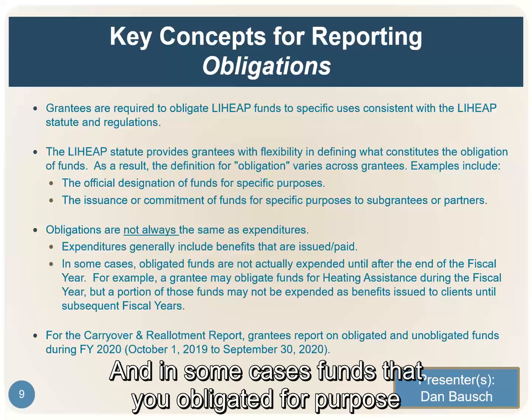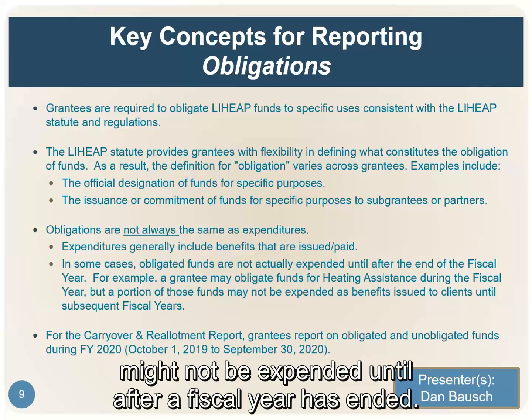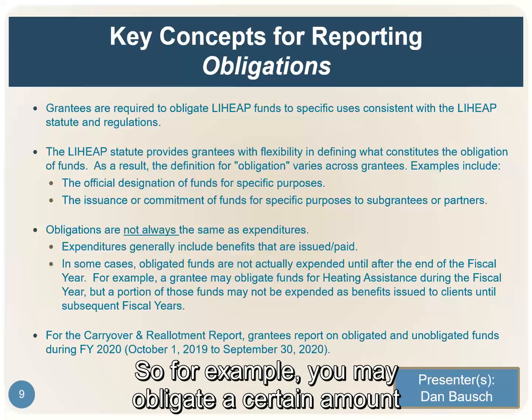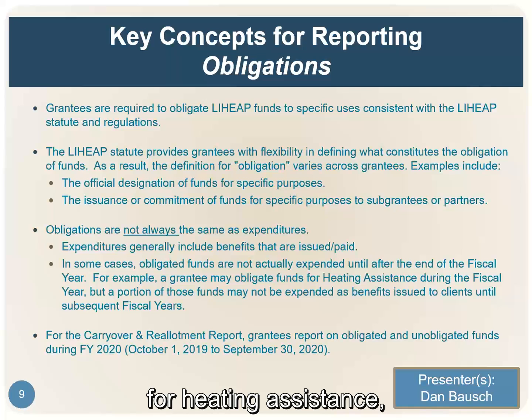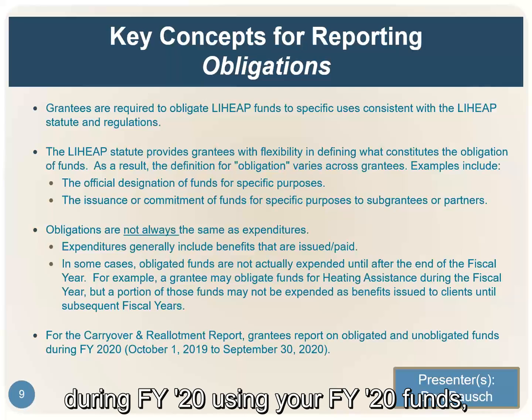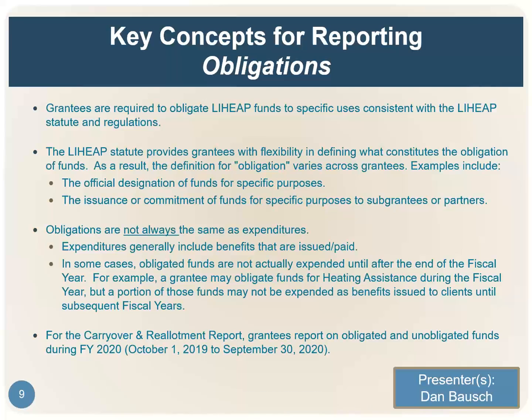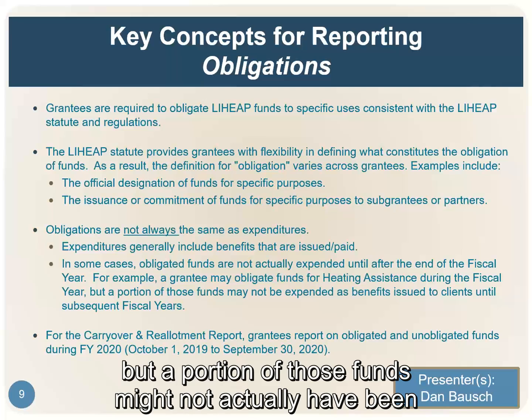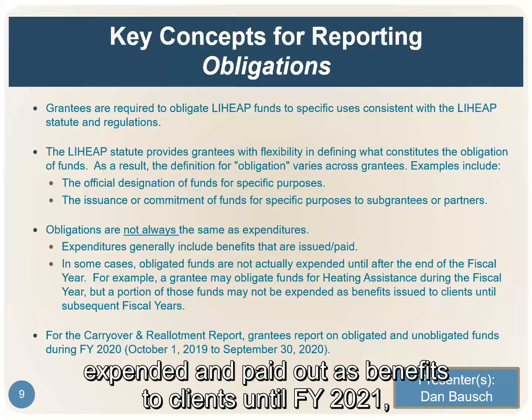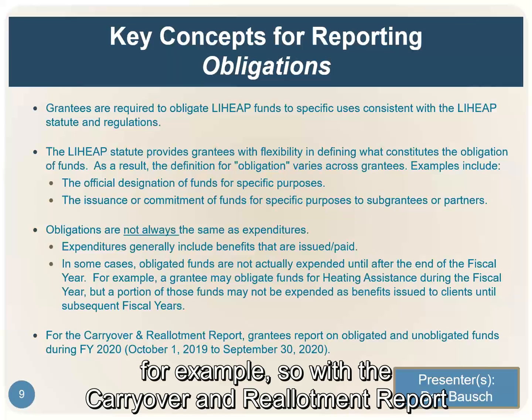And in some cases, funds that you obligated for a purpose might not be expended until after a fiscal year has ended. So for example, you may obligate a certain amount for heating assistance during FY20 using your FY20 funds, but a portion of those funds might not actually have been expended and paid out as benefits to clients until FY 2021, for example.